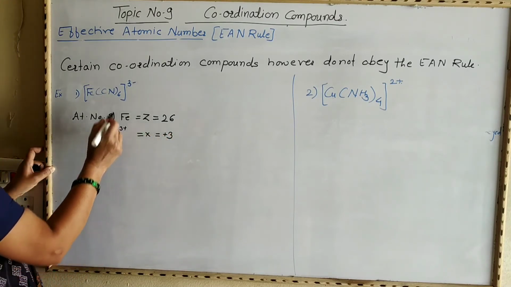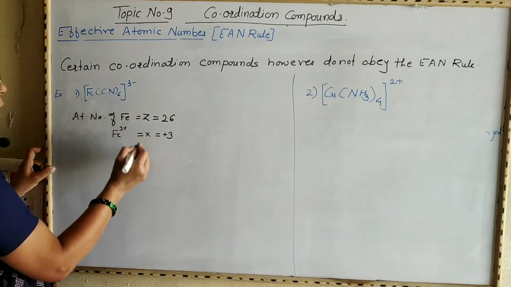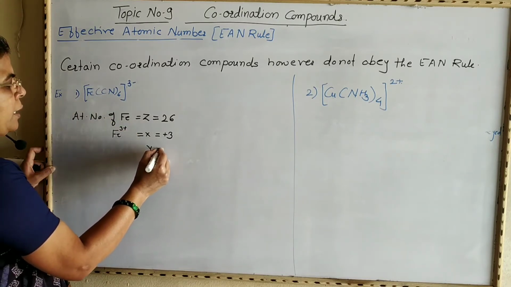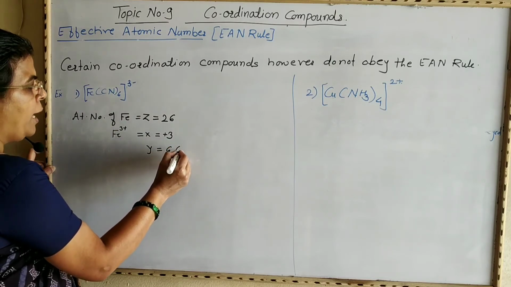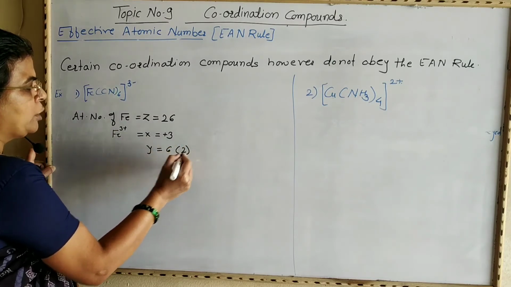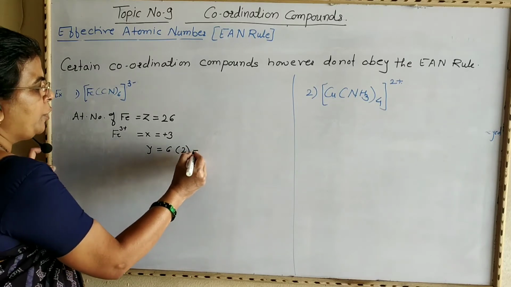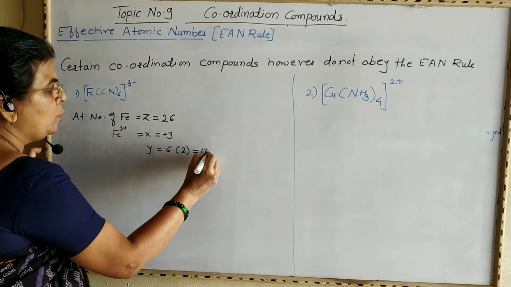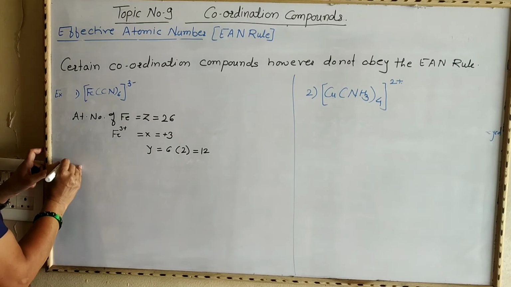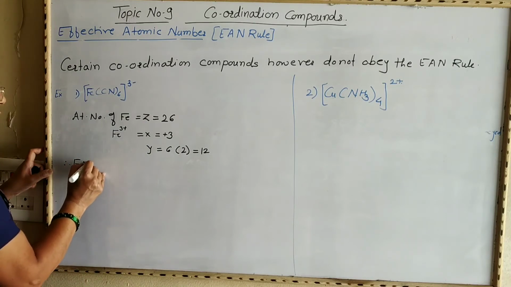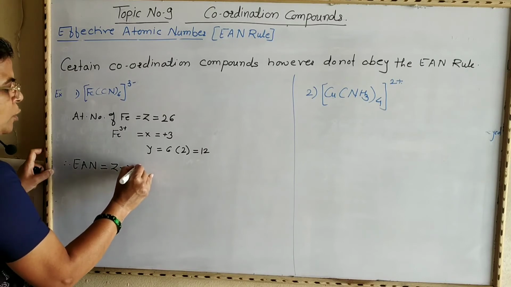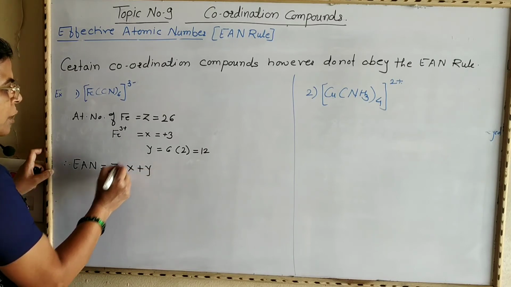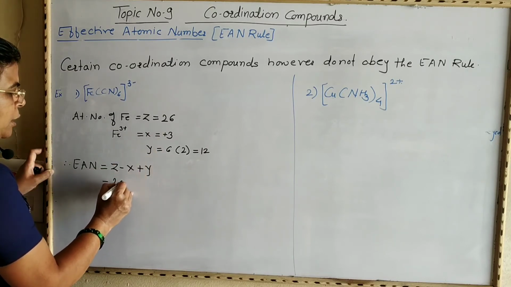Now the number of electrons donated by ligands, that is Y, is equal to, here there are 6 cyano groups and each cyano group donates 2 electrons. Therefore it becomes 6 into 2, that is 12. Therefore EN is equal to Z minus X plus Y, where Z is atomic number of ion, that is 26.